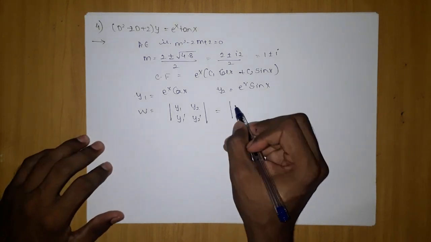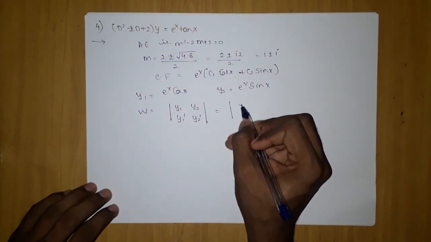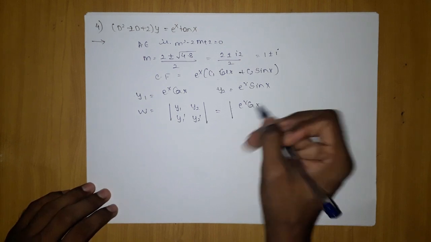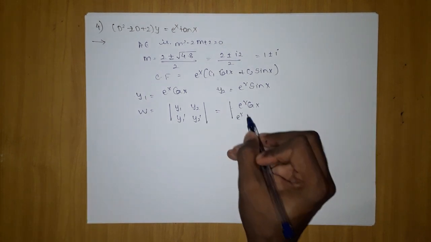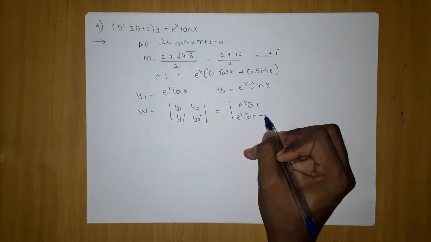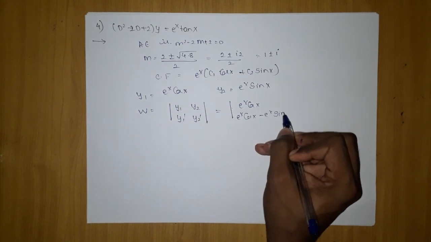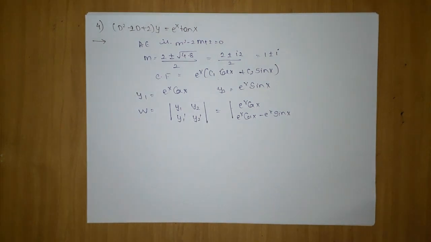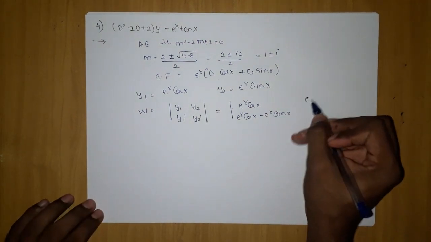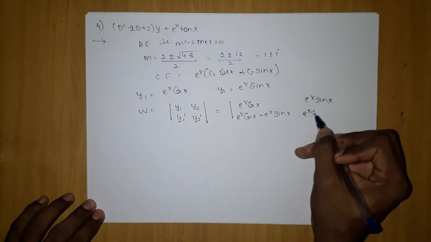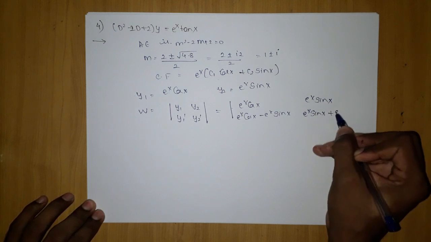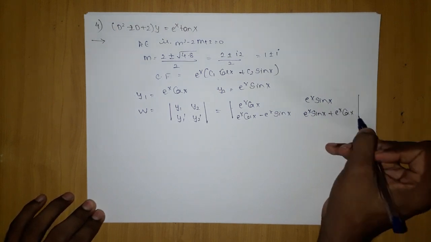Now let's solve this. Here we are going to get e to the power x cos x, and if we do the differentiation, e to the power x cos x minus e to the power x sin x. Now here e to the power x sin x was there, so it will be positive, e to the power x into sin x plus e to the power x into cos x.